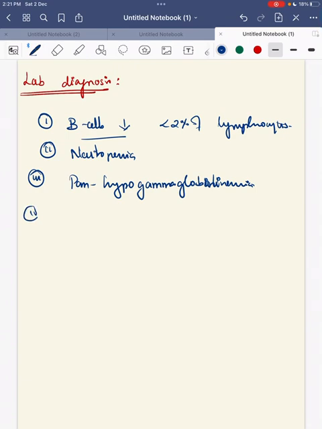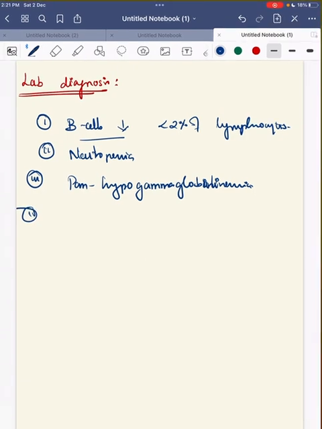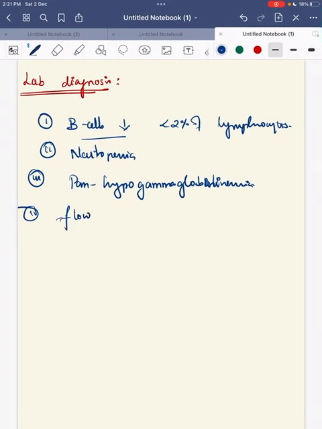T cell function or number will not be affected. Then you have to do flow cytometry analysis, where you can find absent BTK in monocytes and platelets. But in 20% of patients, BTK will be in a normal amount but its function will be reduced. For that, you have to go for genetic analysis, which is needed to confirm the diagnosis. So this is the lab diagnosis.